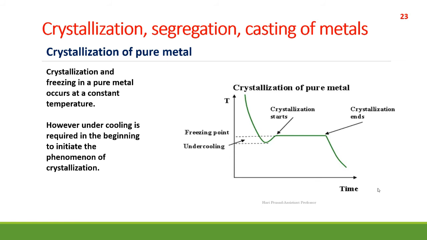Initially when you pour the liquid melt, it slowly cools down, which can be seen here, where the temperature is plotted on the y-axis. But the thing is that the crystallization is supposed to start at the freezing point. But to initiate the crystallization, some undercooling is required.